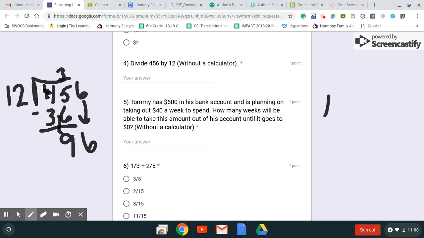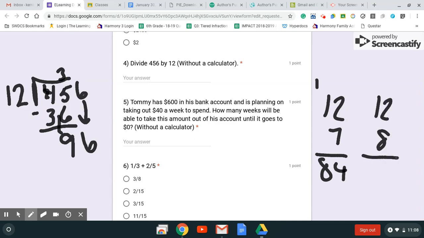If you have to, you can go to the side and try times it. We'll try 7. 7 times 2 is 14, carry the 1, 7 times 1 is 7, plus 1 is 8. Okay, let's try 8. 8 times 2 equals 16. Carry the 1, 8 times 1 is 8, 9, 96. Oh, that's your answer. So your answer would be 38.